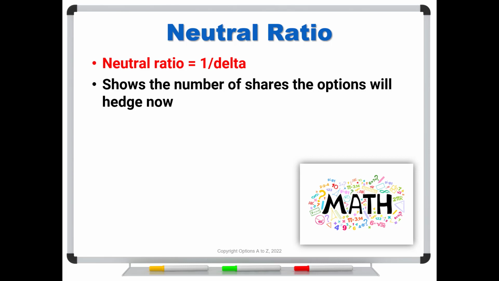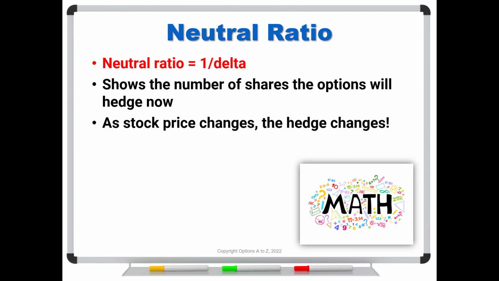However, important caveat, everyone, as the stock price changes, the hedge changes. So this neutral ratio is only good for right now. As the stock price goes up or down, your hedge is going to change. And for that matter, as time goes by, the hedge is going to change. All of those are going to change your options deltas.